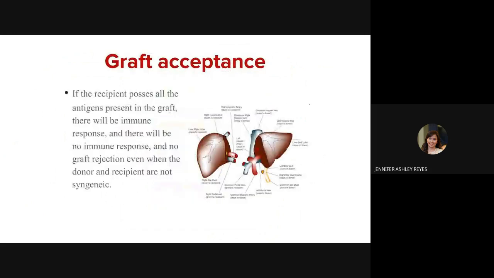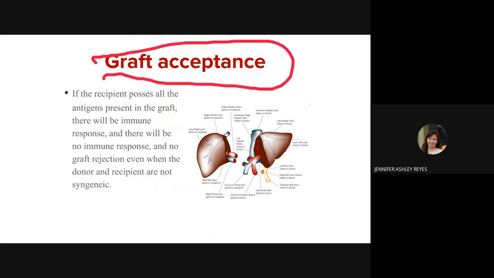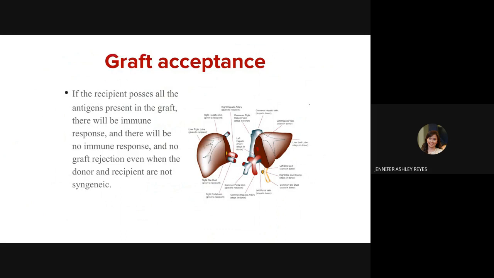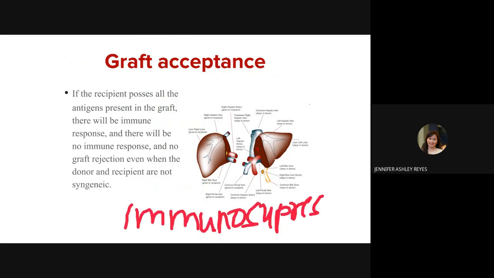So yung graft acceptance, if the recipient will possess all antigens present in the graft, there will be no immune response and no graft rejection, even when the donor and recipient are not syngenic or are isogenic. Ito yung aim natin. Sana may graft acceptance. Pero somehow, karon ang major way natin of allowing graft acceptance is by giving immunosuppressive states.